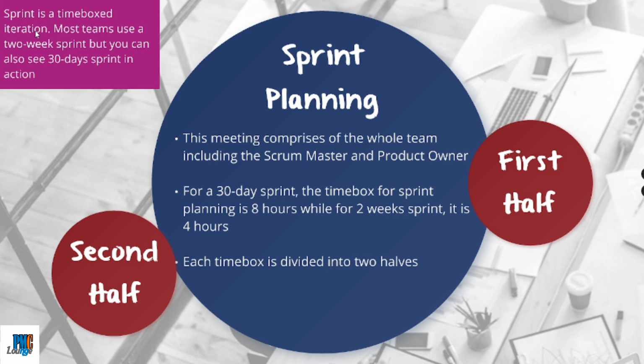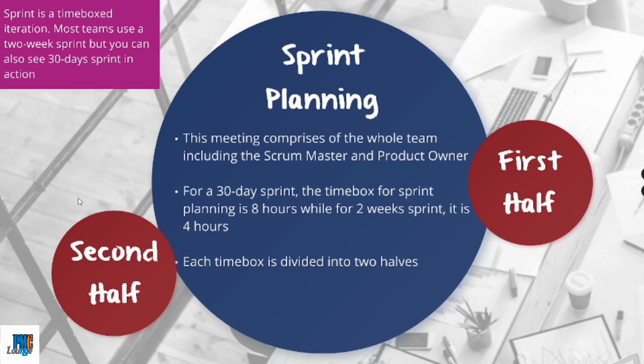Sprint is a time boxed iteration. That means there is a time box which needs to be followed for a sprint. Most teams use a 2 week sprint, but you can also see a 30 day sprint in action. Some companies do sprints for 3 weeks.